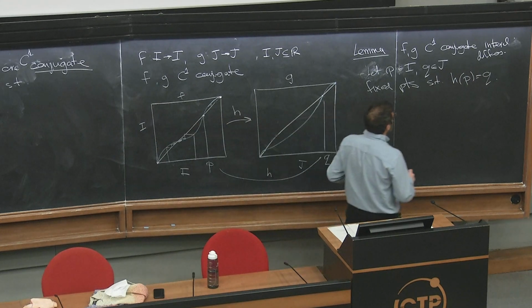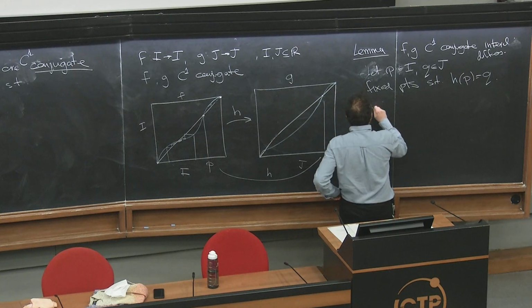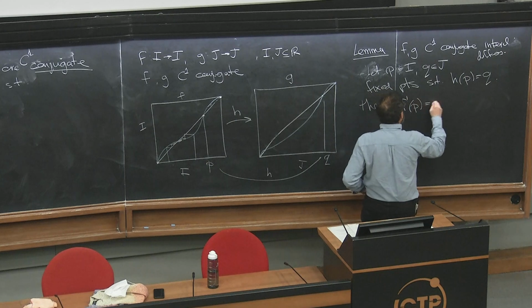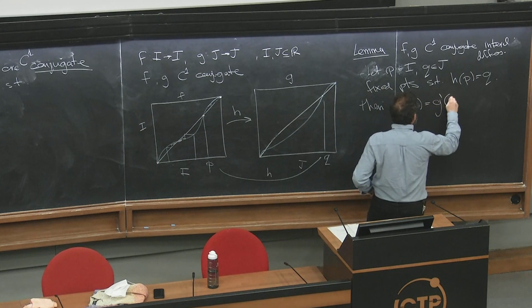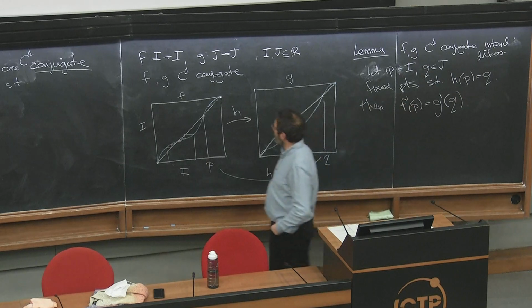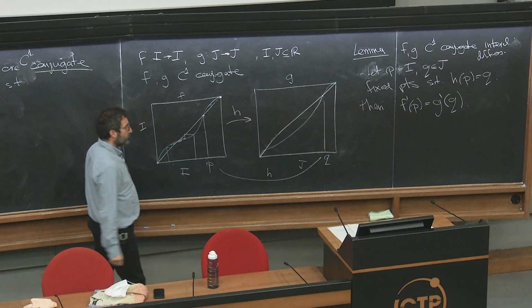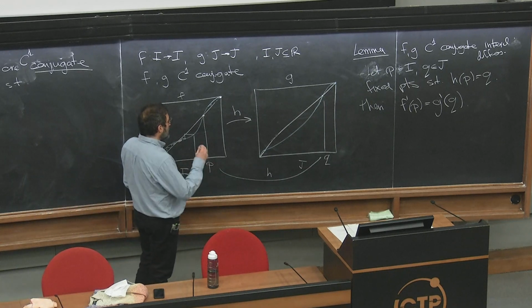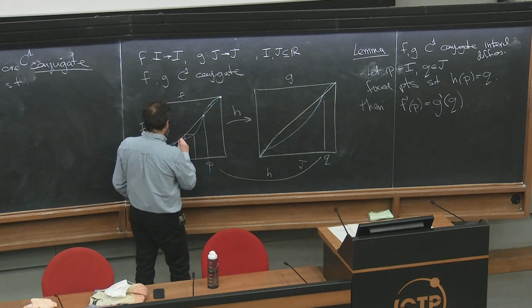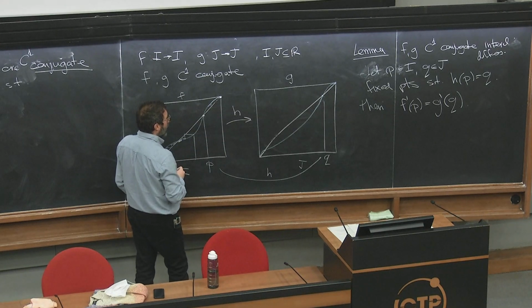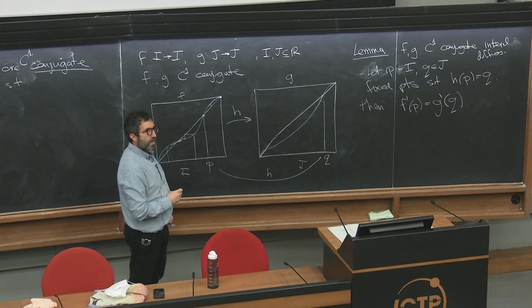But what we have is that then the derivative of f at P is actually equal to the derivative of g at Q. So it means that these derivatives have to be the same at these points.